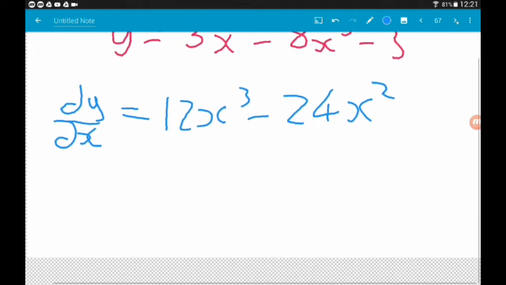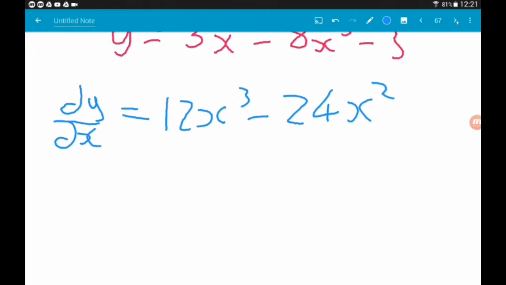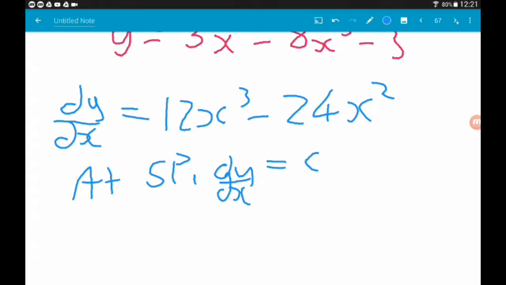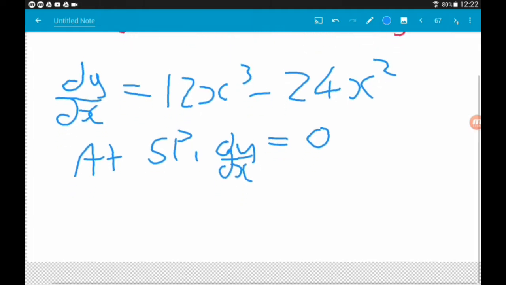Okay, so at stationary points, dy by dx is equal to 0. So we set our expression for dy by dx equal to 0 and then solve that for x.